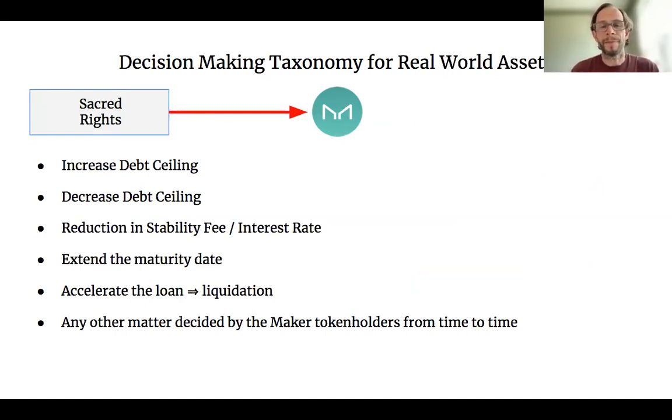If Maker was the only holder of a particular debt, the list might be slightly longer. These are the types of things that are maybe most akin to crypto. So there's an increase or decrease of the debt ceiling, a reduction of the stability fee interest rate, maybe an extension of the maturity date, acceleration of the loan, liquidation.